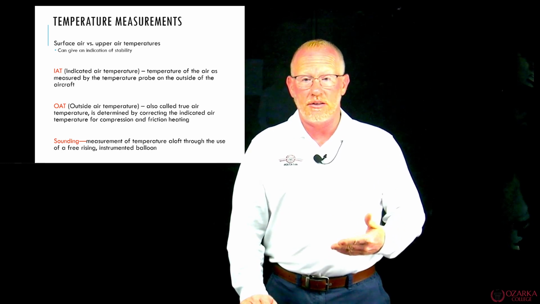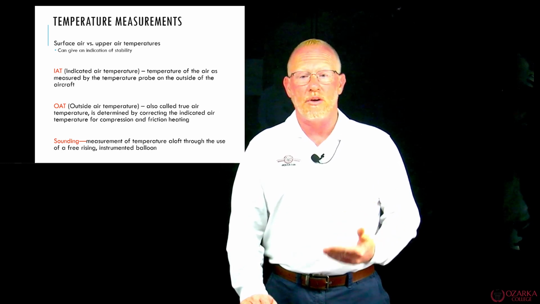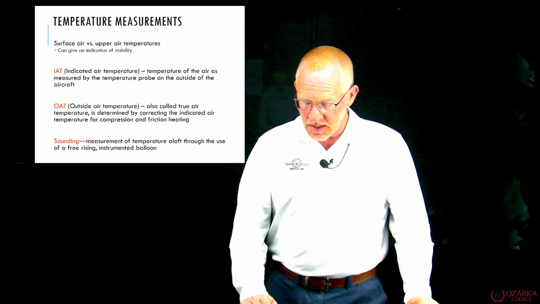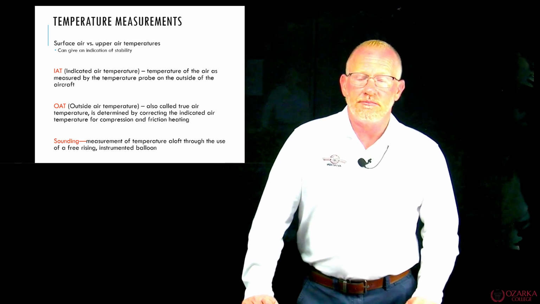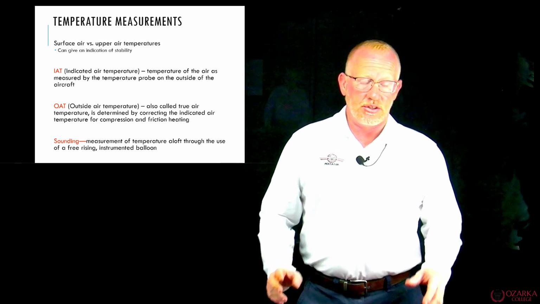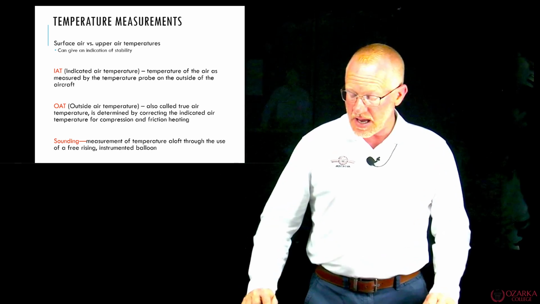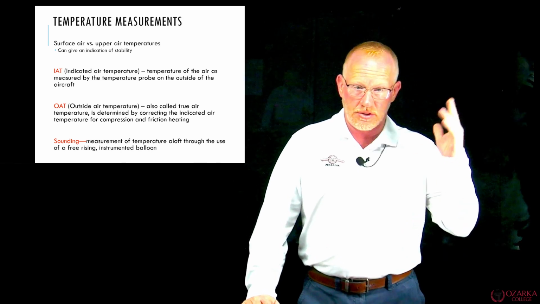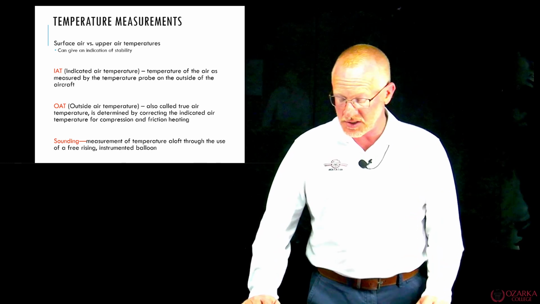So outside air temperature or true air temperature is corrected for compression and friction heating. Now, a sounding is nothing more than the National Weather Service taking a big weather balloon and sending it up through the atmosphere, recording the temperatures throughout the different locations and layers of the atmosphere. That's all a sounding is, okay?